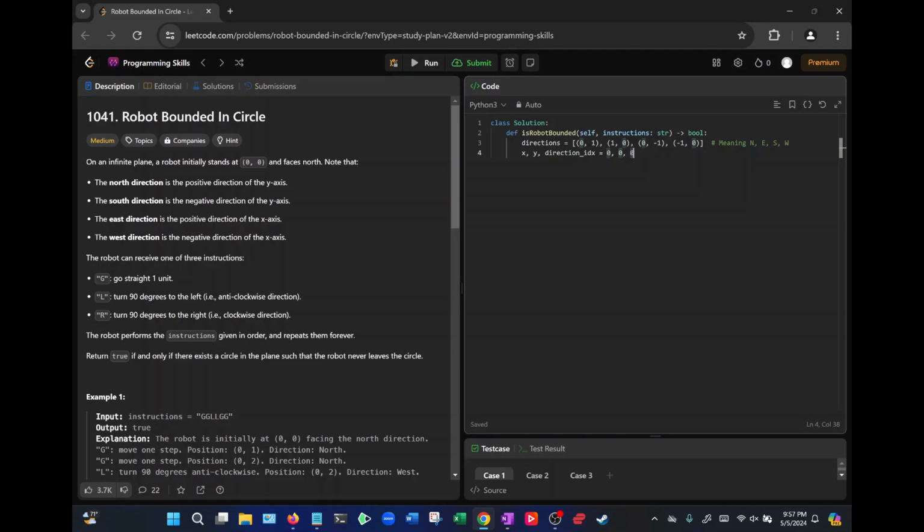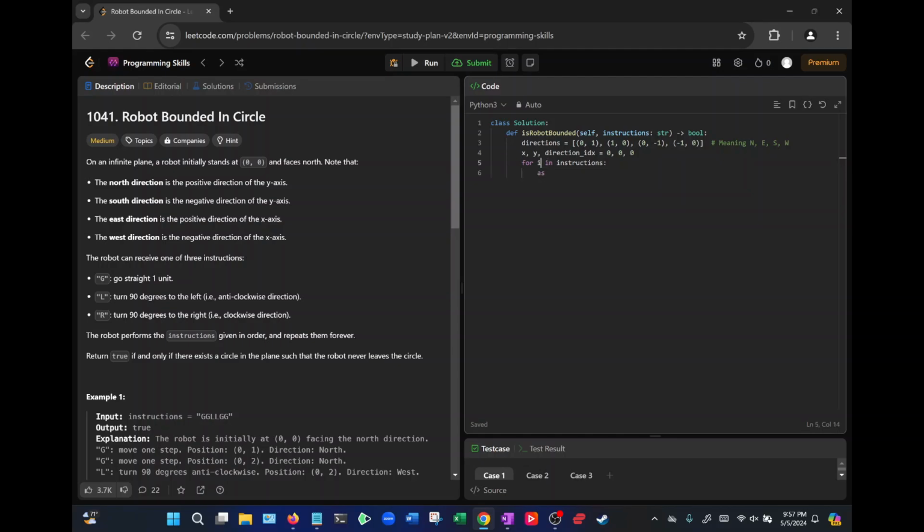I'm not sure how I feel about using a bunch of assignments with commas, but whatever, it's fine. For i in instructions, this might not be great notation because we're used to using i for integers, to refer to natural numbers when going through a loop. So this might be a little bit confusing.